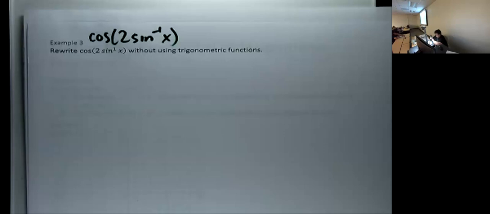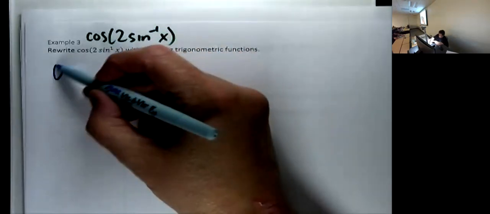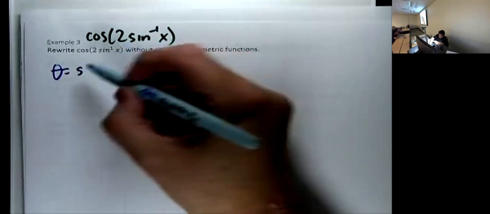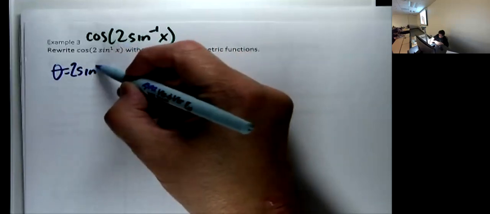So we're going to do the same thing. We're rewriting without trigonometric angles. So I'm going to say theta equals 2 sine inverse x.